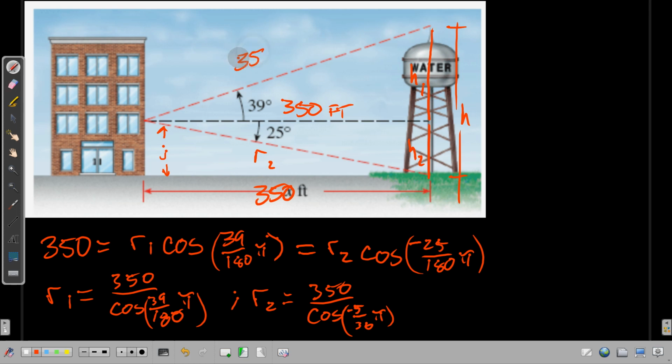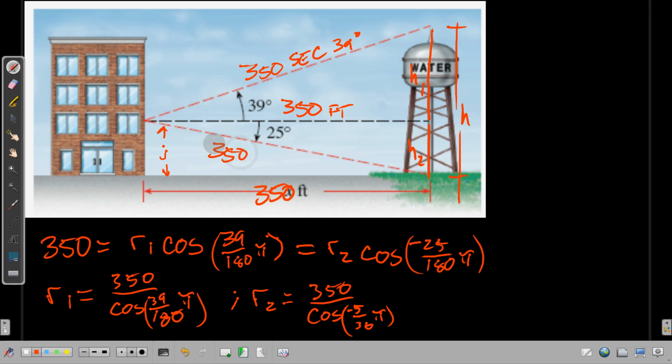Just to write it more compactly here, I'll say this is 350 secant 39 degrees. I'm sure you were probably doing that the whole time.